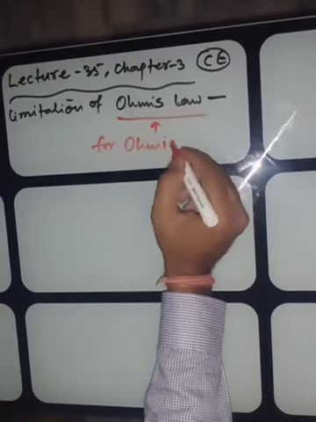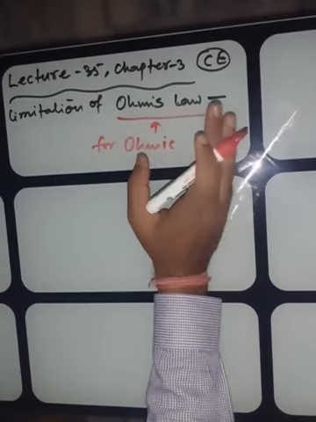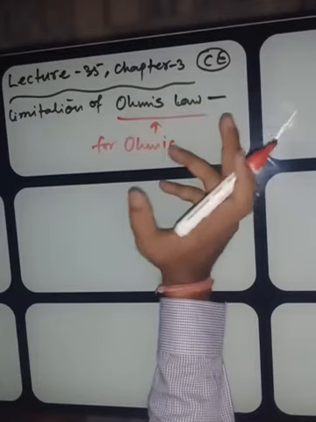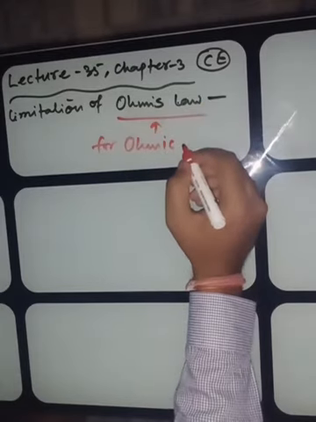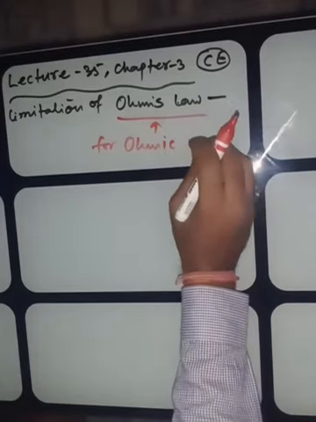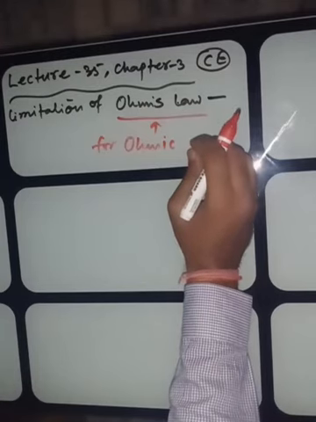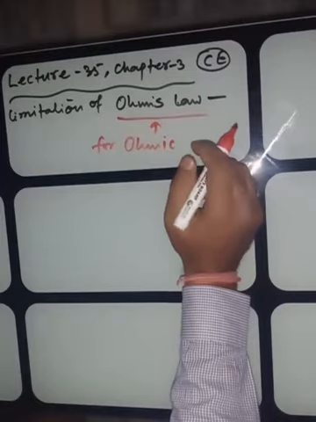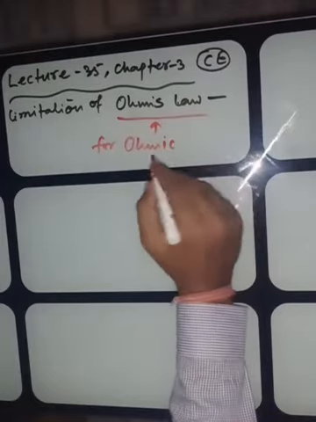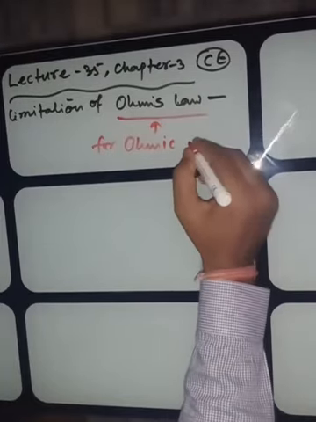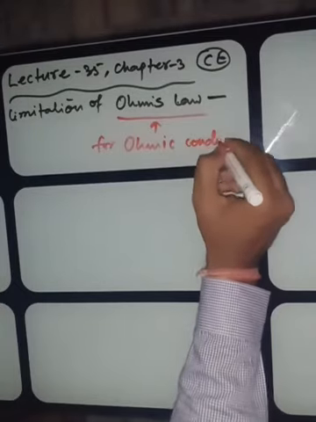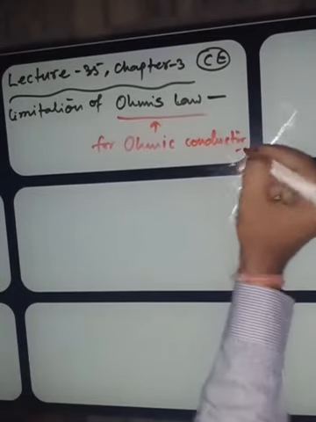And you will ask, what is an ohmic conductor, sir? All the conductors, the metals that obey Ohm's law, are considered ohmic conductors, and their VI characteristics are a straight line passing through the origin.